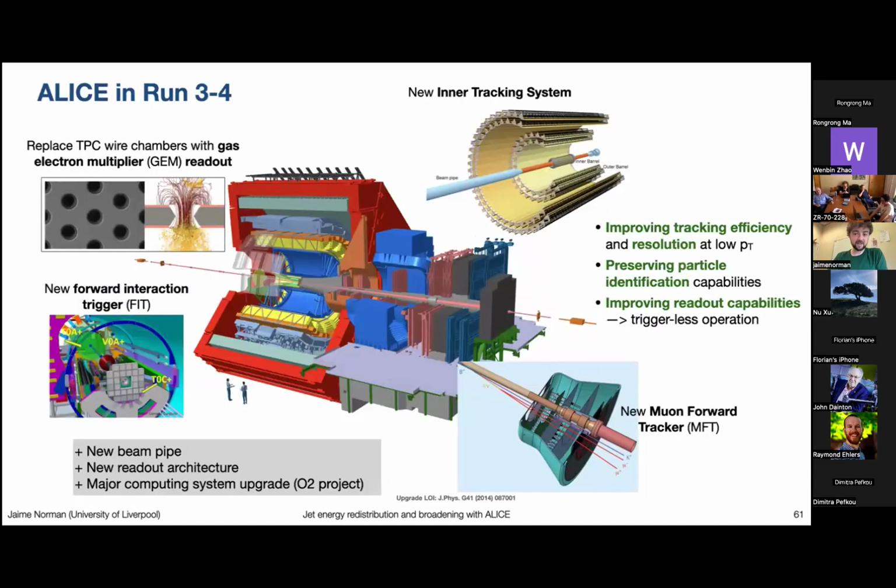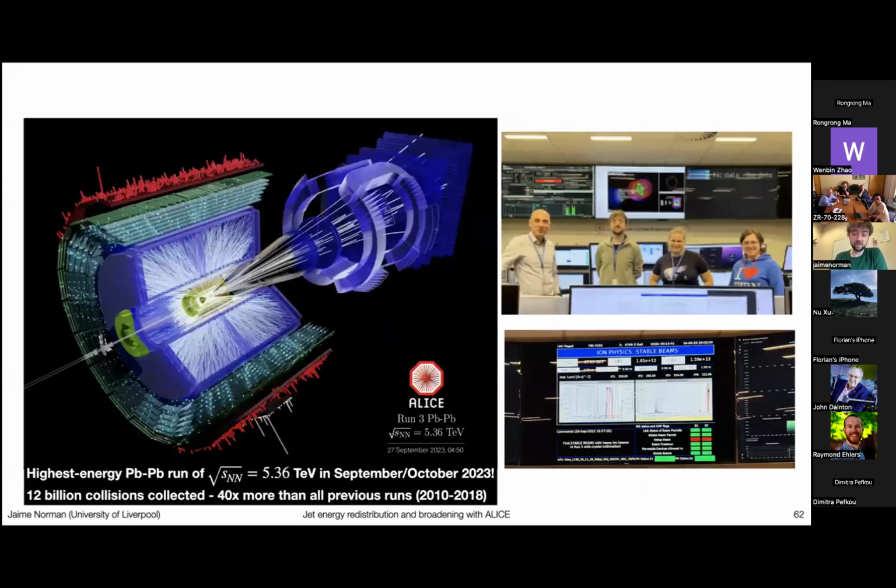Okay, and then to finish, ALICE in Run 3 and 4 looks like this. There's been a significant upgrade program that really improves the tracking resolution of the detector and also the readout capabilities, which will allow for orders of magnitude more data than we are taking at the moment.